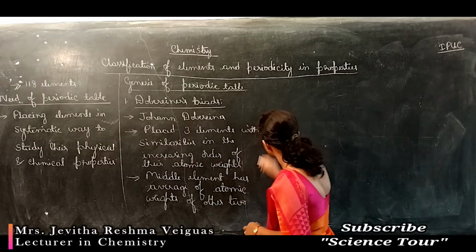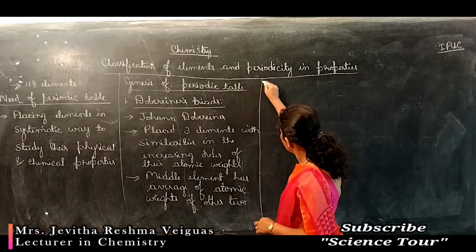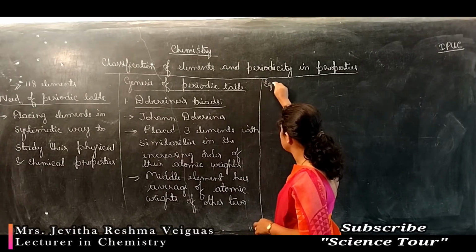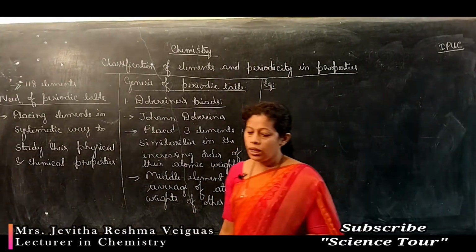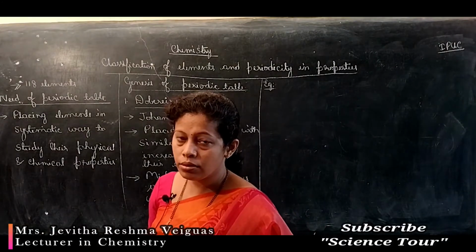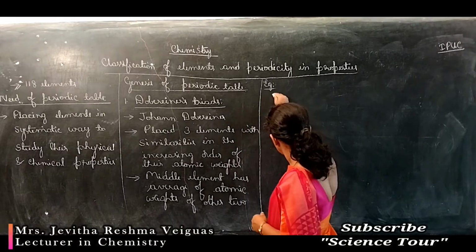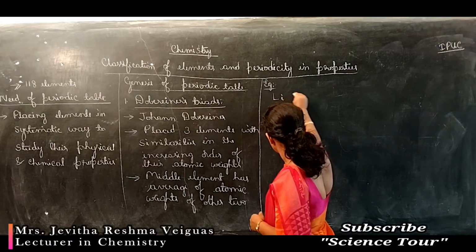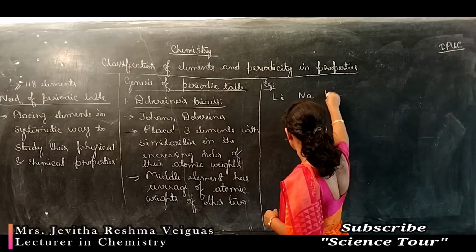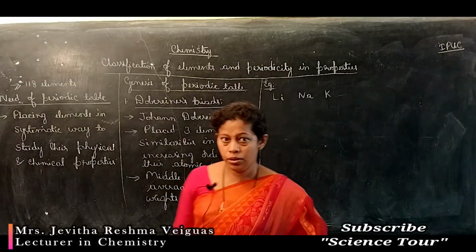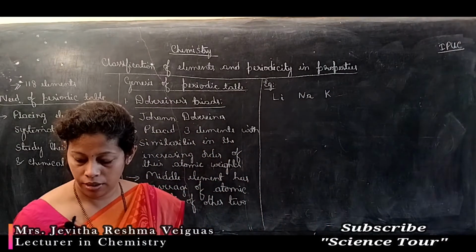Now, let's consider Dobereiner's periodic table. He gave 3 triads. That is lithium, sodium and potassium. This is the first triad given.